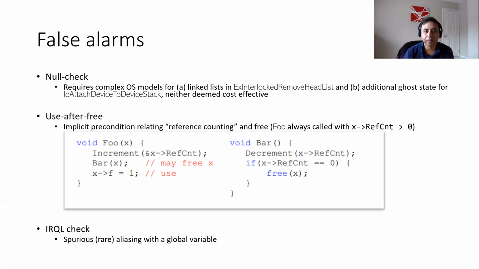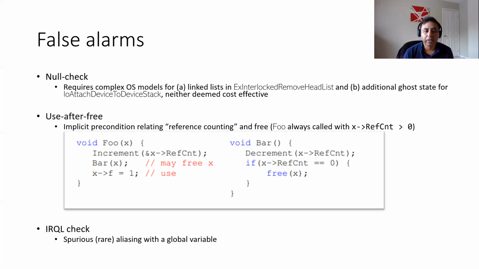So this is an implicit precondition that we don't know because we start analysis from every method, as opposed to just the entry point of the driver. So there's room for research in how do you find better specifications here, to know that you need to track the reference count condition as part of this specification.